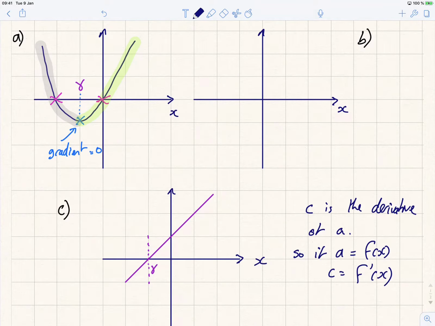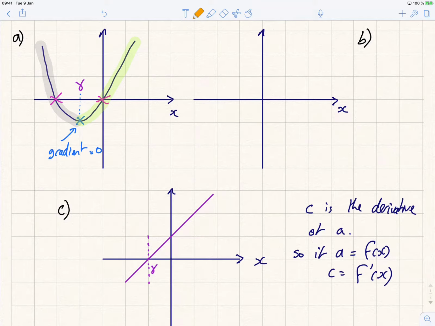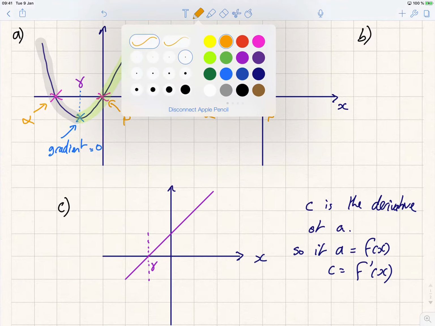So how do we do B? And remember, these can go in any order really. So I know that I've got these 2 points here. I'll call that one alpha, I'll call this one beta. So we have alpha as one turning point location and beta as another turning point location. Now when we look at A and we go left of alpha, you can see that the gradient's positive.